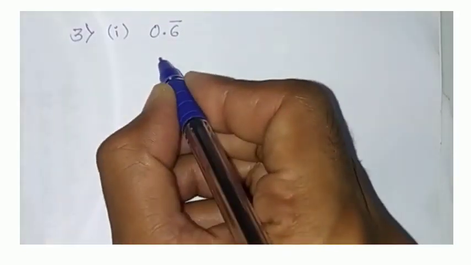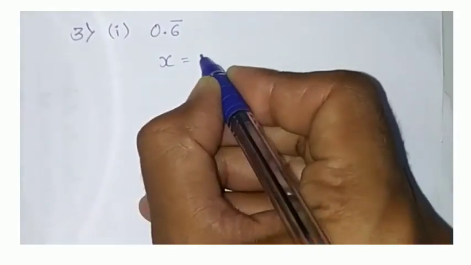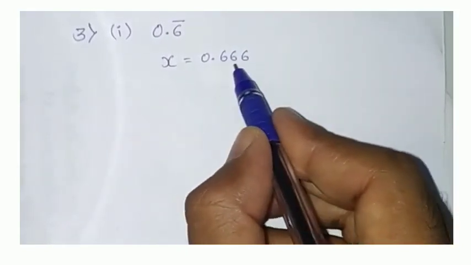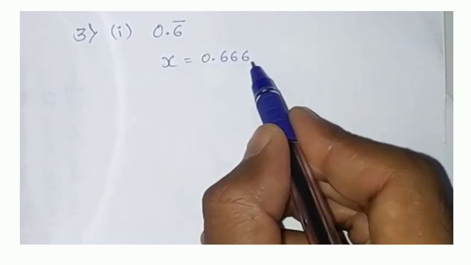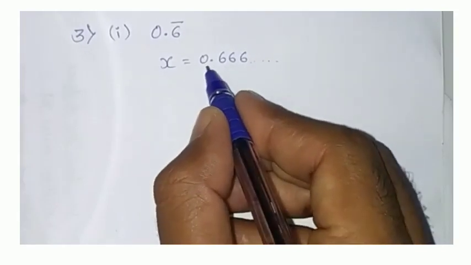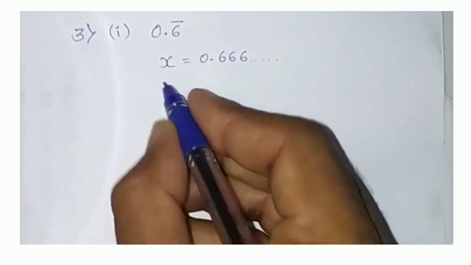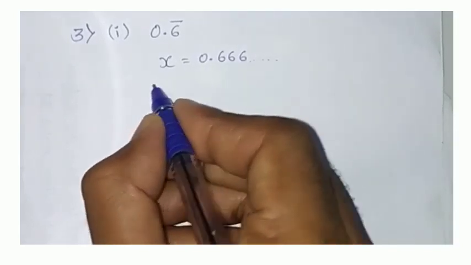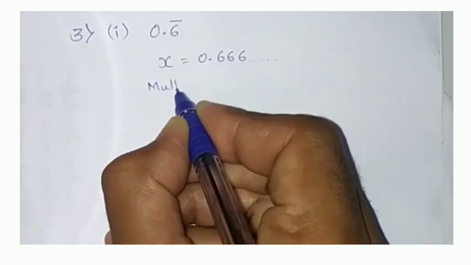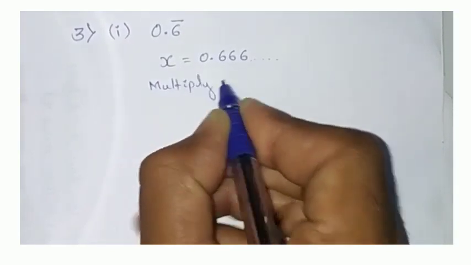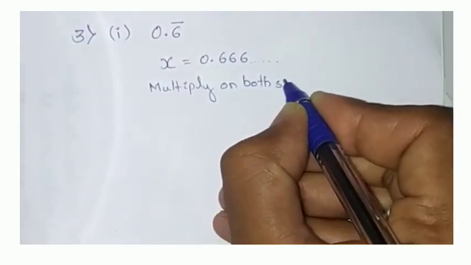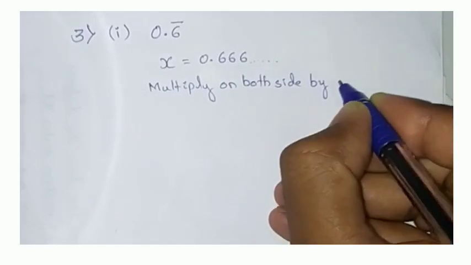Okay, so I will take it as x equal to 0.666. Since the 6 repeats, it is non-terminating. So x equal to 0.6666. Now I will multiply this on both sides by 10.